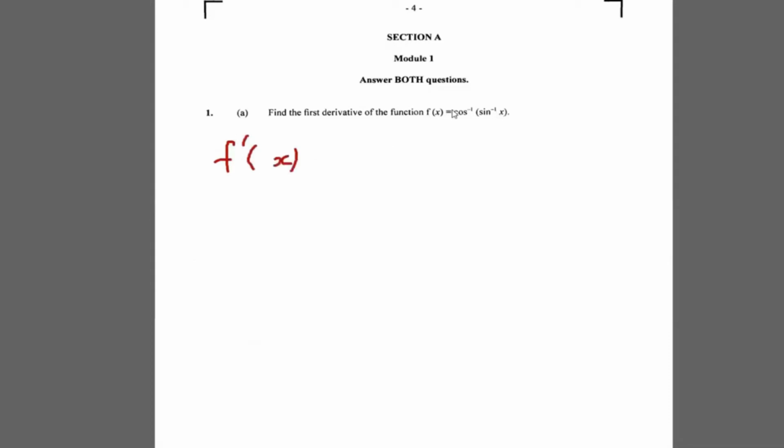now we need to differentiate cos inverse. When you differentiate cos inverse, what you're going to get is minus 1 divided by the square root of 1 minus sine inverse of x, all squared.